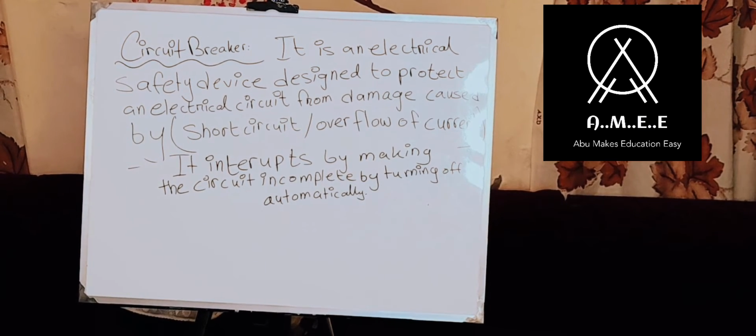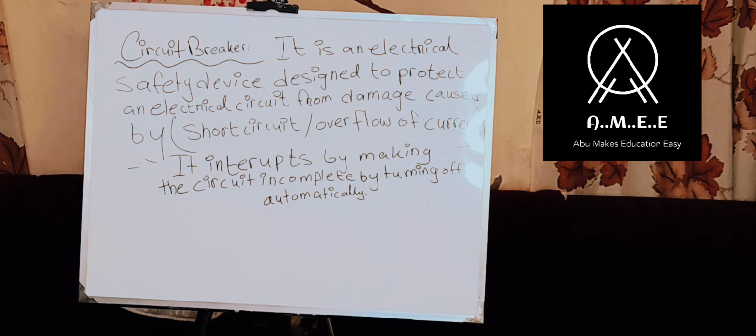So it is the same thing I just explained. It is an electrical safety device designed to protect an electrical circuit. First of all, you have to think: what is a circuit breaker?